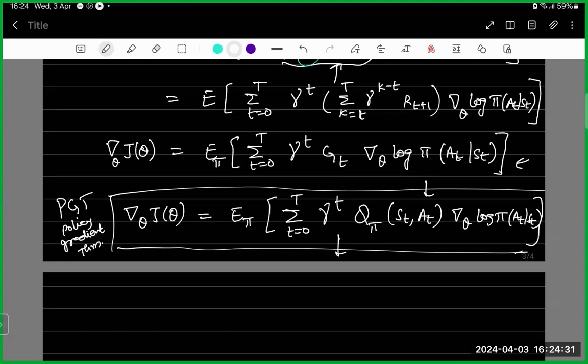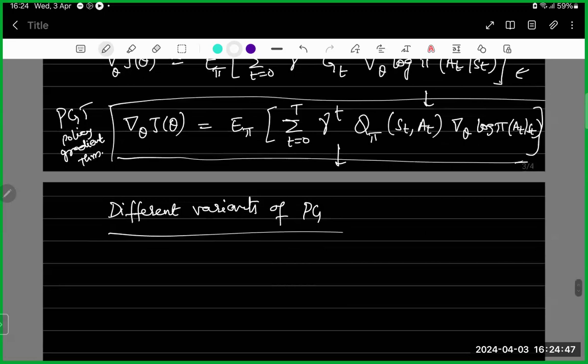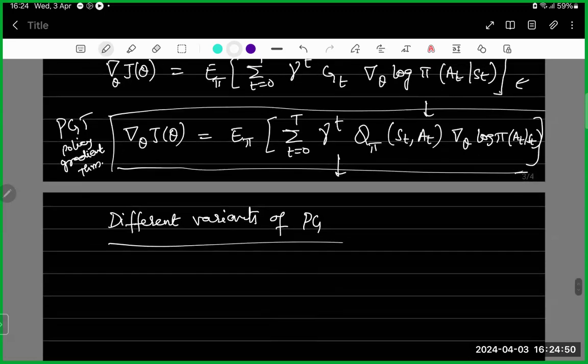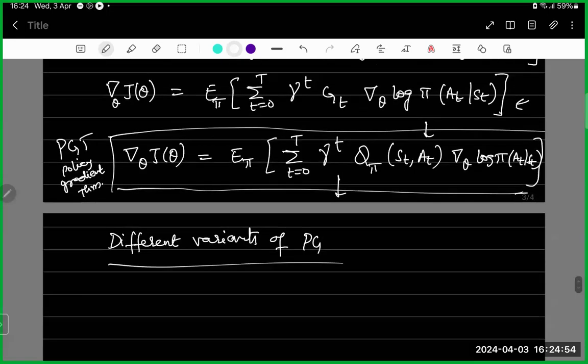Okay. So first of all, the basic version, as we called, is the REINFORCE algorithm, right?